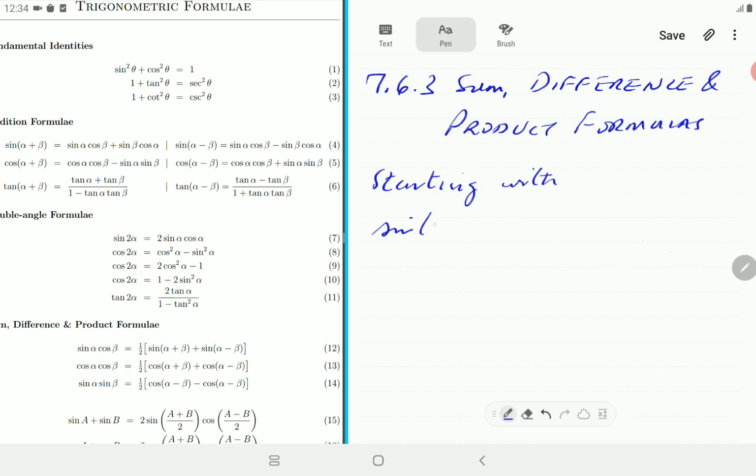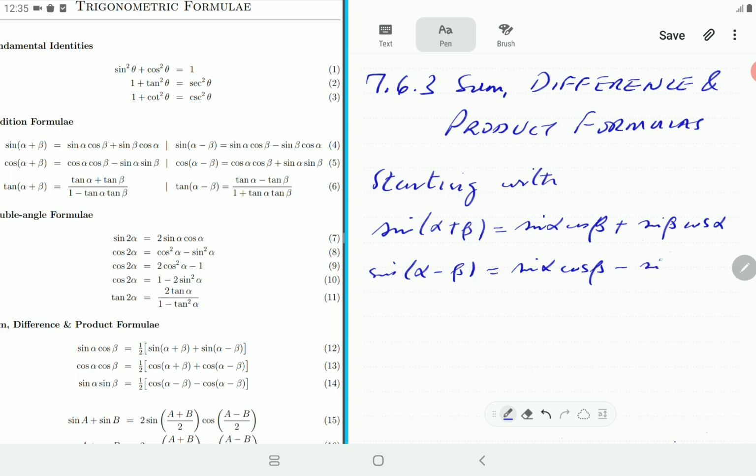addition formulas for sine. So we know that sine(alpha plus beta) is equal to sine alpha cos beta plus sine beta cos alpha, and then sine(alpha minus beta) on the other hand is going to be exactly the same, except we're going to have a minus in the middle here, sine beta cos alpha.